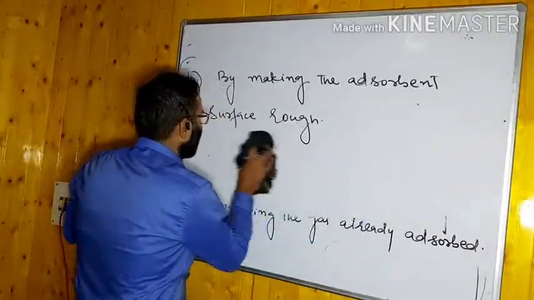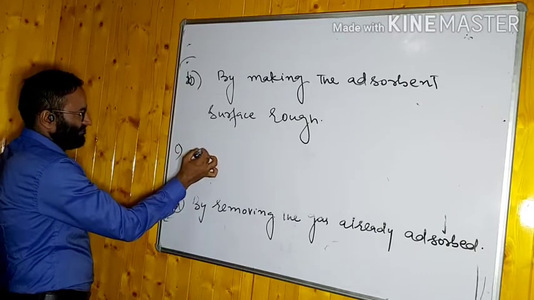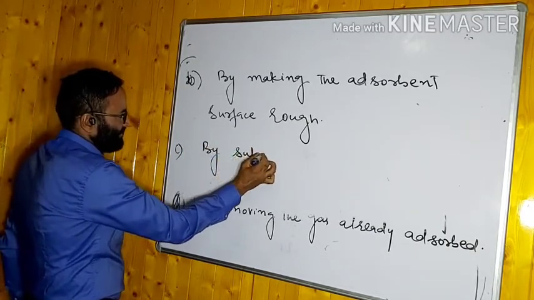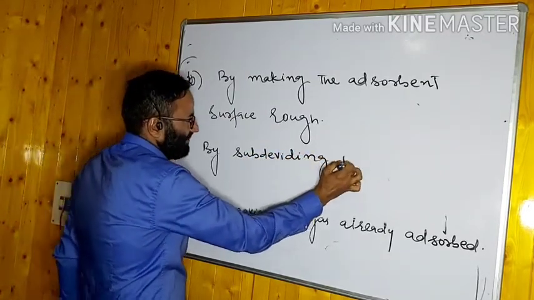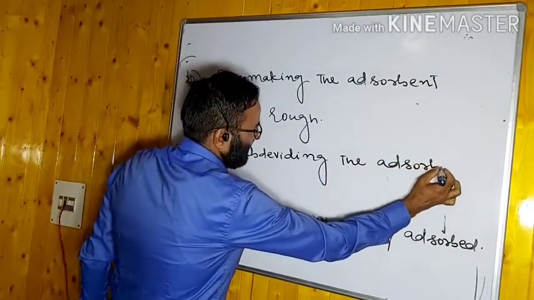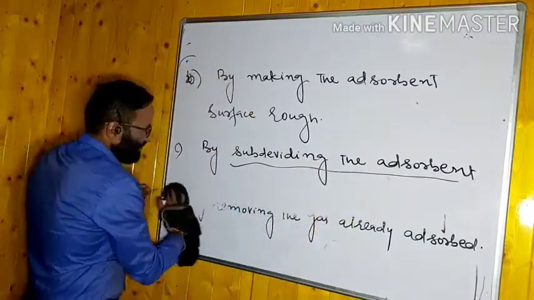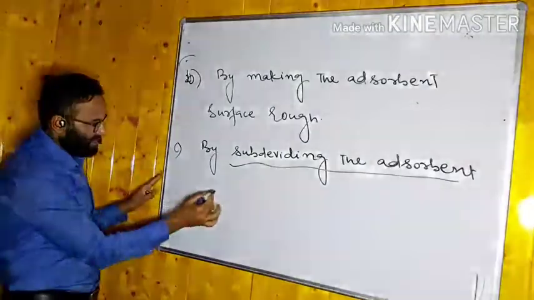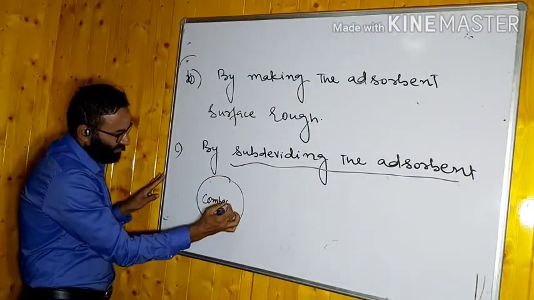The third point, we can increase the surface area by subdividing. The third point is by subdividing the adsorbent. What is meant by subdividing the adsorbent? When you divide the adsorbent, this is the compact form of adsorbent, this is the solid form of adsorbent.